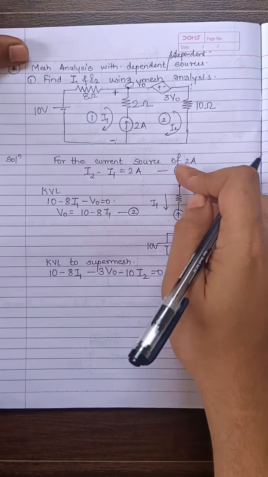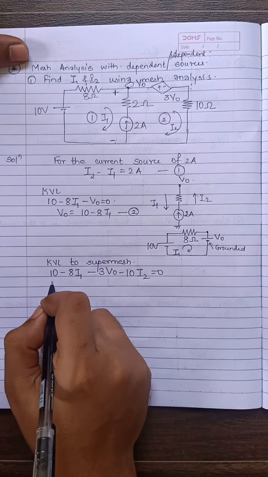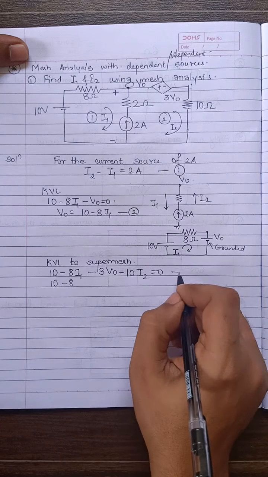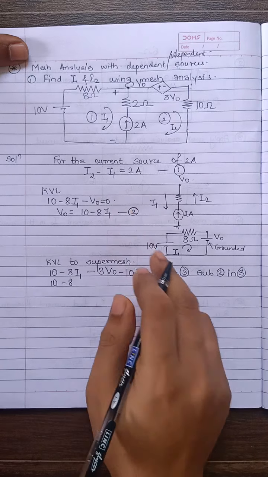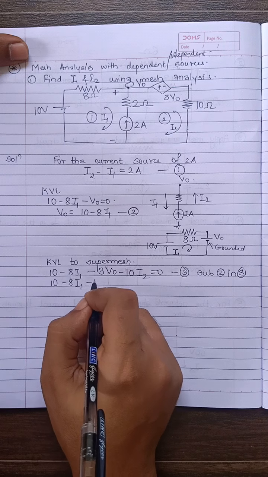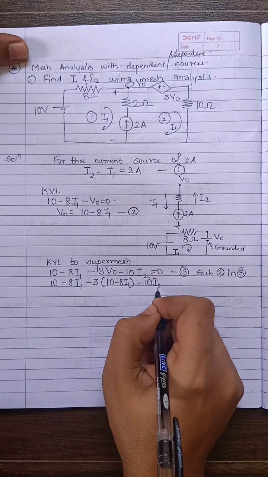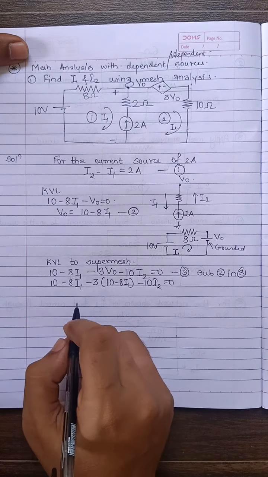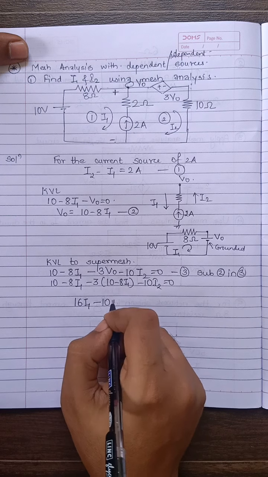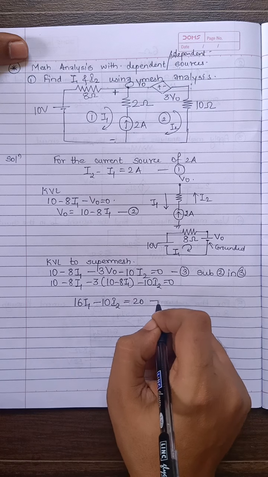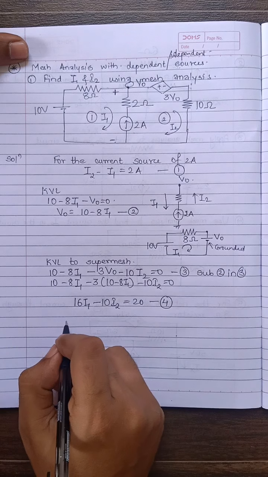So what we can do is we can get VO in terms of I1. So I'll substitute 2 in equation 3. When I substitute 2 in 3, I'll get 10 minus 8 I1 minus 3 into 10 minus 8 I1 minus 10 I2 equals 0. So after simplification you should get 16 I1 minus 10 I2 equals 20. This is equation number 4. So solving 1 and 4, I can get the values of I1 and I2.